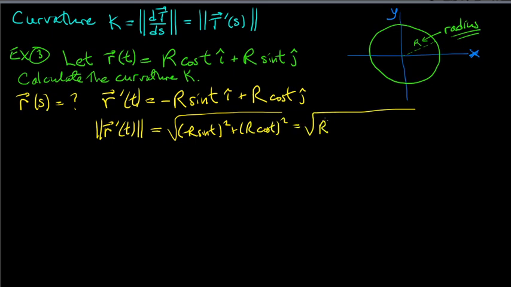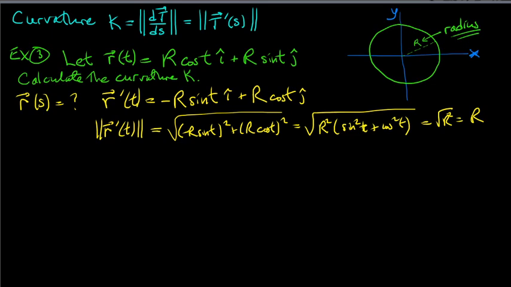You can factor out the r squared, and you just get sine squared plus cosine squared, which is 1. So the square root of r squared is r. So the speed is r. It's a constant. So it turns out not only to be the radius, but also the speed.